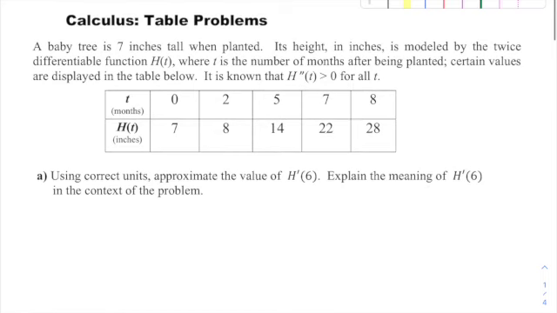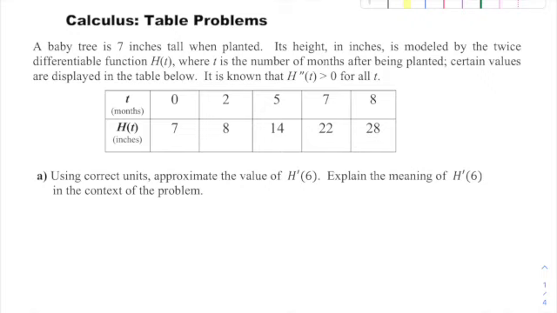I made this problem up, but it's very similar to years of looking at old FRQs. They're all fairly similar. So this one represents a baby tree that is 7 inches tall when planted. Its height in inches is modeled by the twice differentiable function h. That just means the derivative exists and the second derivative exists. It's a qualifier they throw in a lot of problems, so there are no discontinuities or cusps.